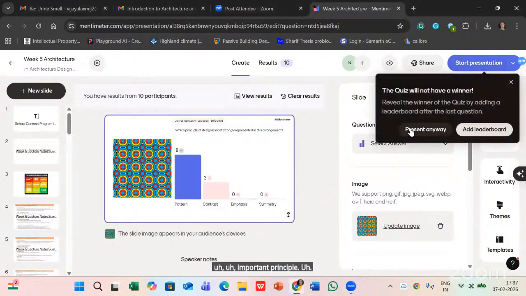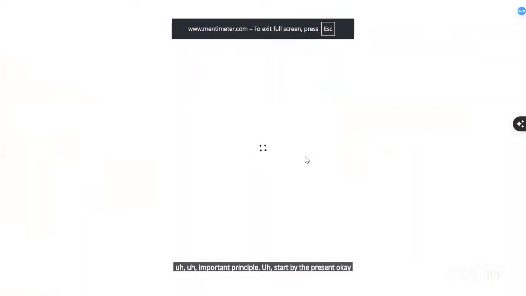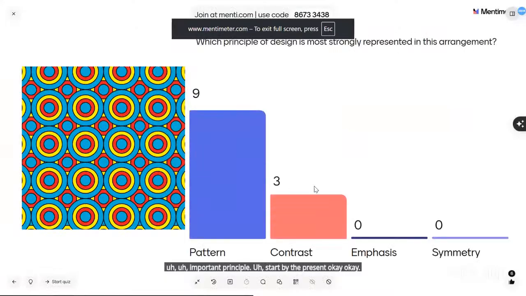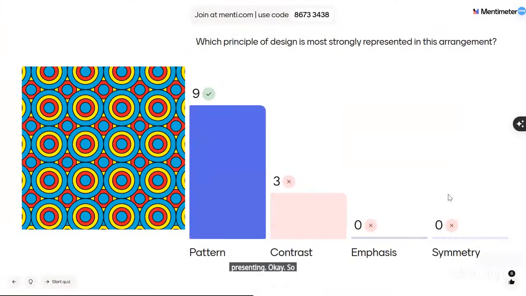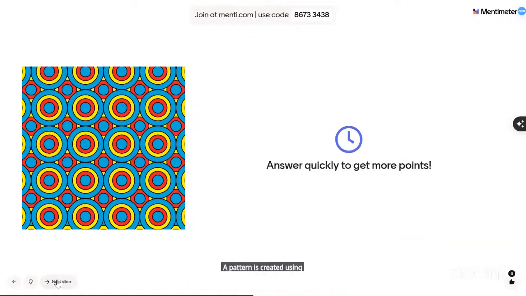Okay, present. See, both of you are not wrong. A pattern is created using contrast. Let's say it's like that. A pattern is created using contrast.